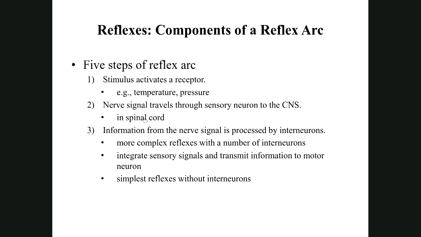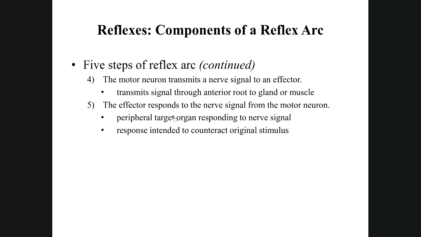The interneurons there in the CNS determine the response. It takes the sensory in, determines that response, and then it sends that response out on the motor neuron. So the motor neuron sends that signal, that AP, out to the effector, and the effector, don't forget, usually a muscle or a gland, is going to then make that change.